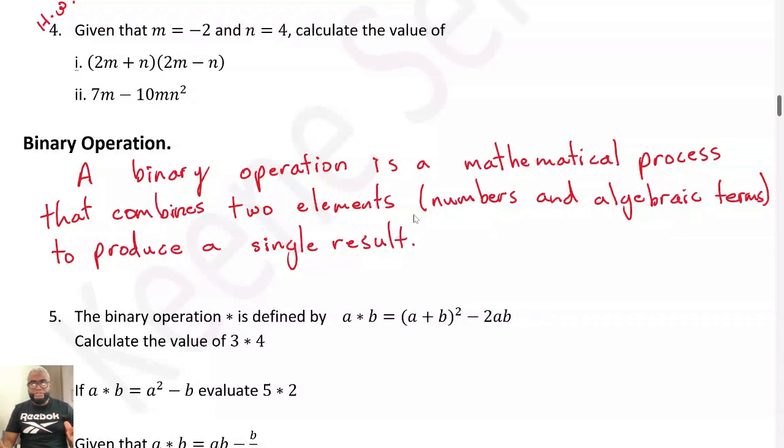So it comes like we're taking 2 numbers, or 2 algebraic expressions, variables or terms, replacing them, and you're forming one answer.